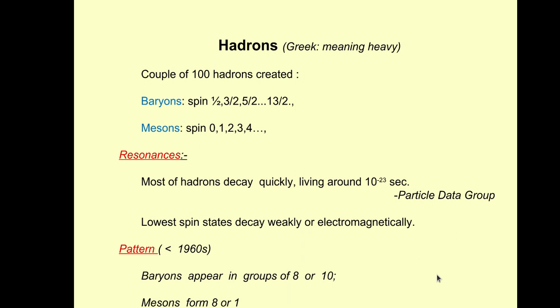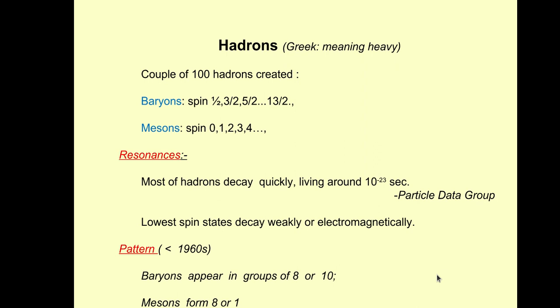Fixing the time around the 1960s, we find most of the baryon family may have any spin, but once you fix the spin and of course parity, then the number of baryons observed fall in a group of either 8 or 10. Similarly, mesons were seen to form an octet pattern, or sometimes an octet and a singlet together.